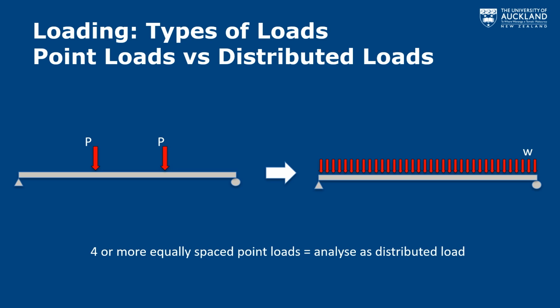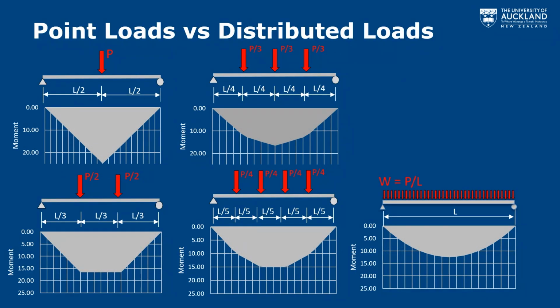To show you a little bit about how that comes about, so that you don't just have to take my word for it, let's look at the moment diagram distribution for some point loads going up into a uniformly distributed load. As you can see on the top left, for just a single point load, we're getting a maximum moment of about 25 kilonewton meters.